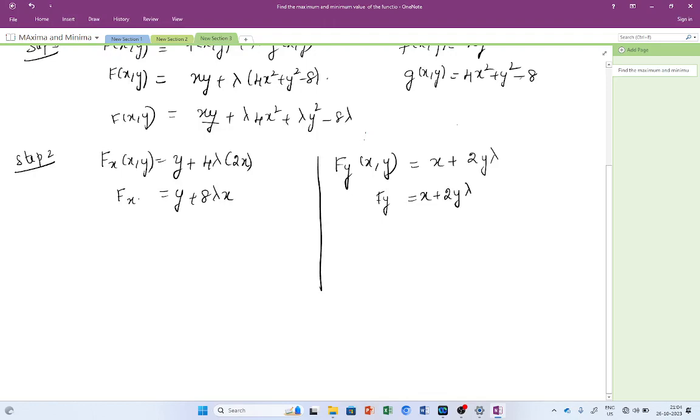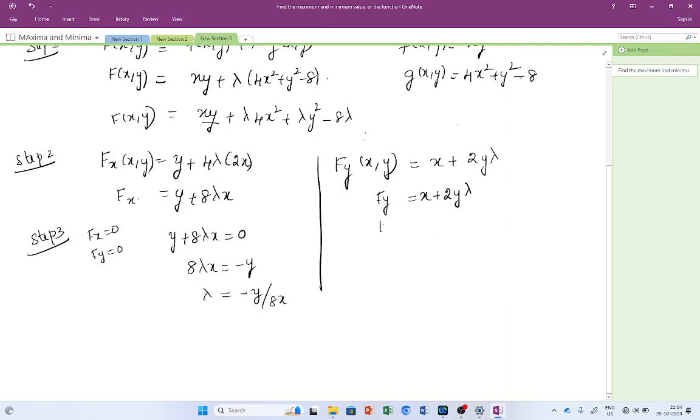Okay, so now what I have to do in my step 3 is equate it to 0. That is, I have to equate F_x is equal to 0 and F_y is equal to 0. So when I equate this, I'll get y plus 8 lambda x is equal to 0. From this, I have to write what is my lambda. So I'll have 8 lambda x is equal to minus y, or lambda is equal to minus y by 8x.